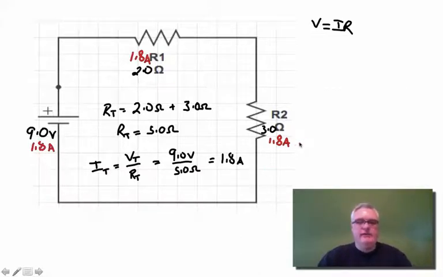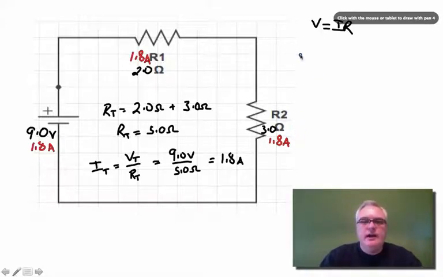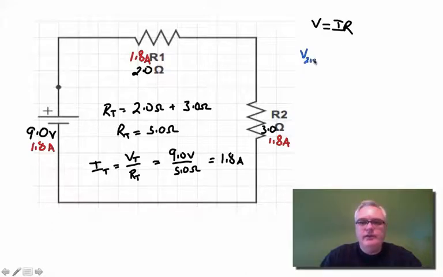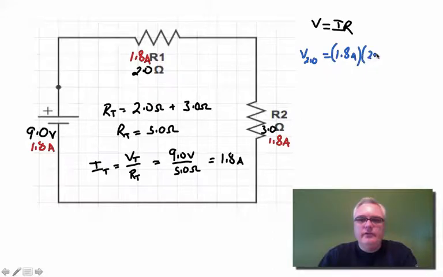Now if I want to find the voltage in either of these resistors, I can find the voltage in the 2 ohm resistor, and I usually like to write down the value of the resistor so I know which resistor I'm calculating. So the 2 ohm resistor, I know there's 1.8 amps of current flowing through it, and it's 2 ohms of resistance.